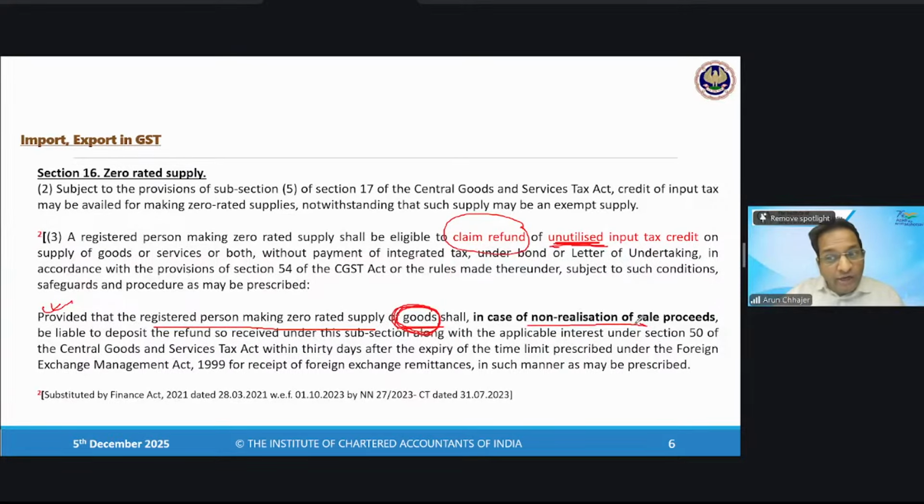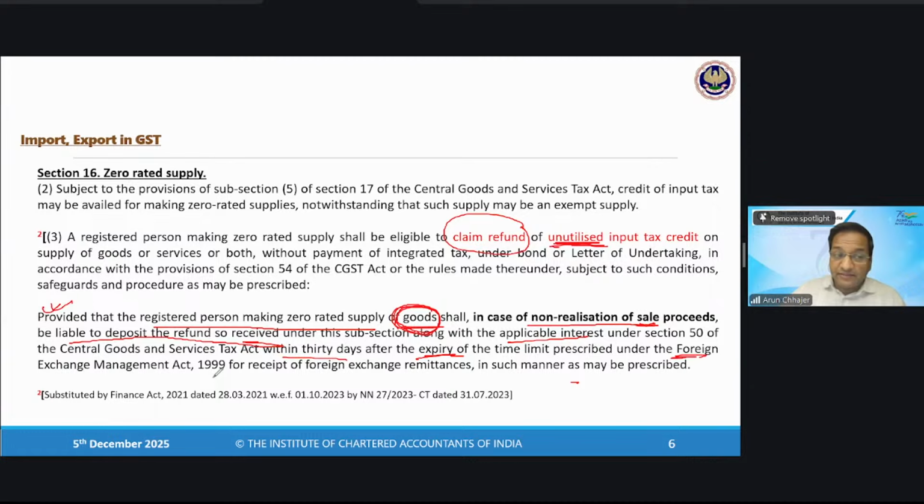Non-realization of sale proceeds means I have exported the goods but I could not bring the foreign currency. Then the person shall be liable to deposit the refund so received under this subsection along with interest within 30 days. What is the time limit? Time limit is as per FEMA.